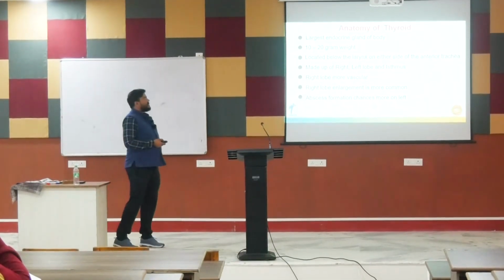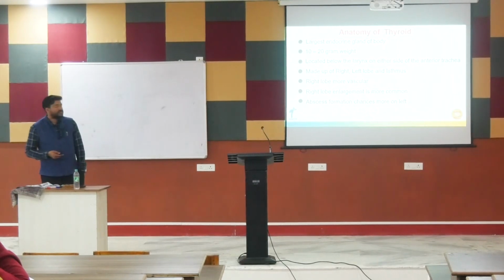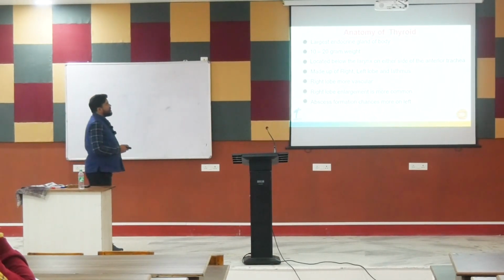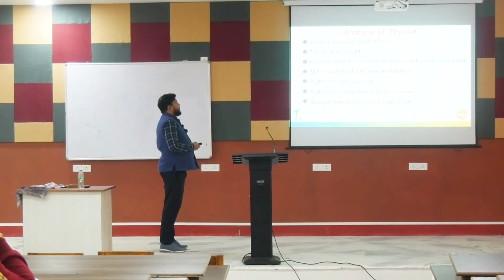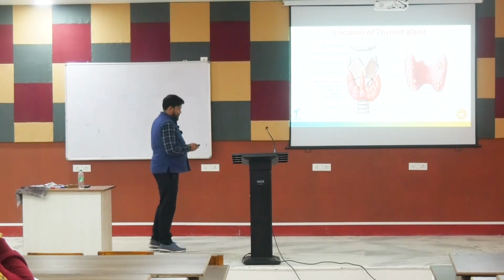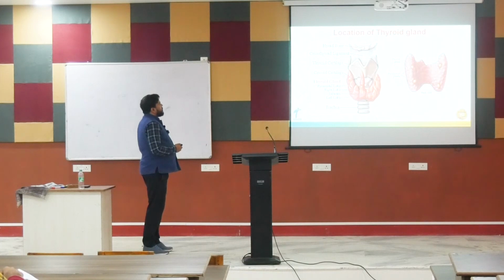It is the largest endocrine gland in your body. Weight is 10 to 20 grams and it is located below the larynx on either side of the anterior trachea. Already discussed. So this is the hyoid bone, cricothyroid ligament, thyroid cartilage.